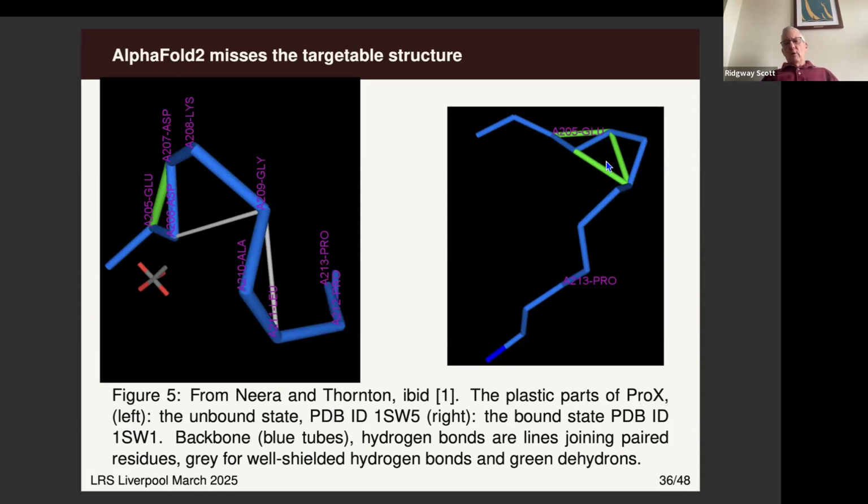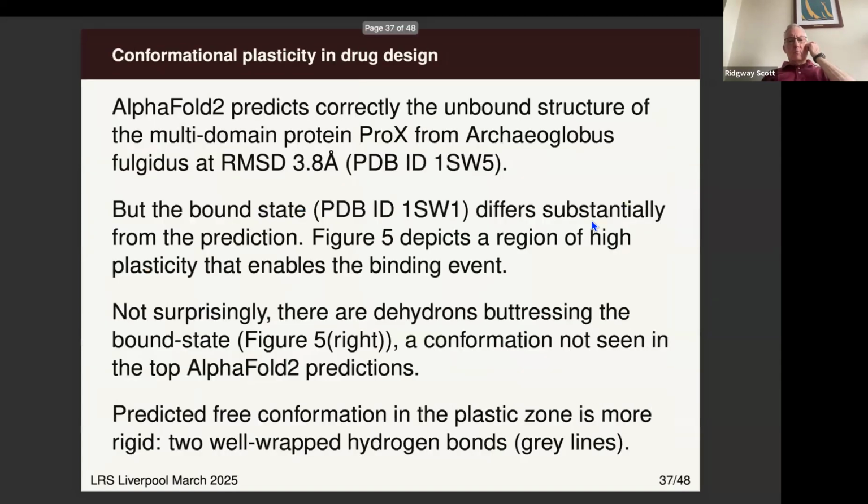So what could you do to elicit information about possible plastic regions where there are possible simple changes due to binding? AlphaFold is getting the bulk of the structure correct, but the bound state differs substantially from the prediction. It does not show up in AlphaFold's top predictions. Not surprisingly, there are dehydrons there.